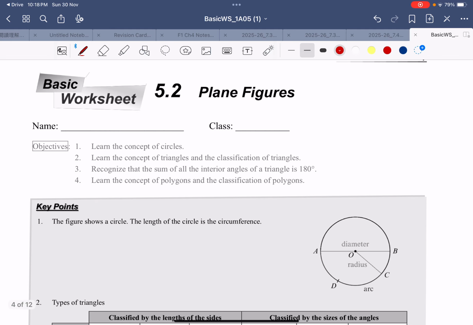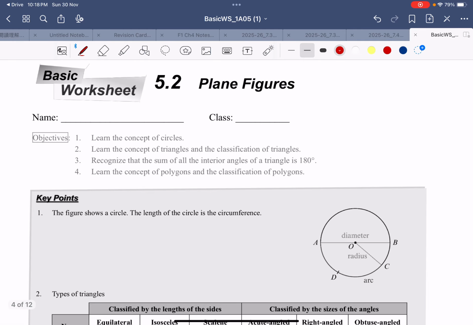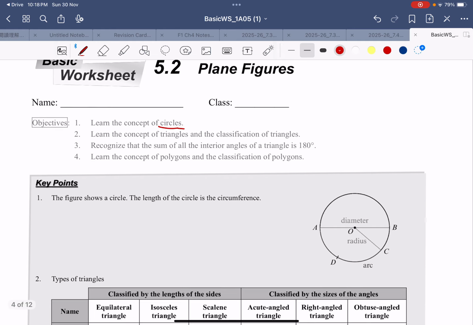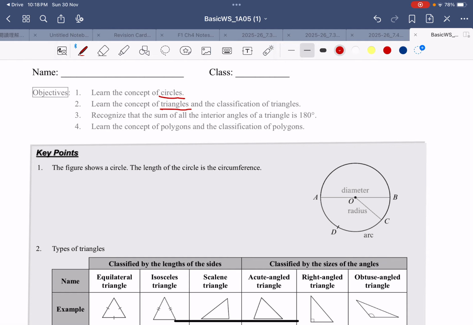And then next we talk about plane figures. So first of all, we need to know something about a circle. And then we learn something about triangles and their classification according to the size, side length, and then their angles.